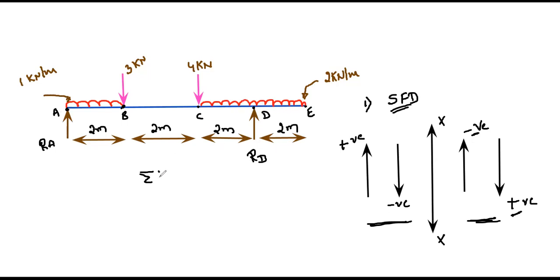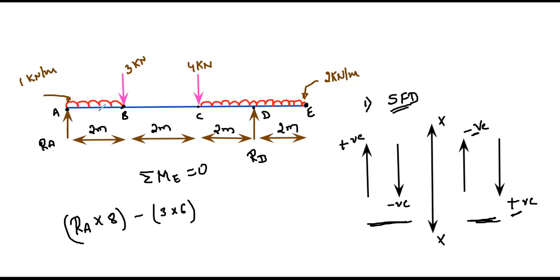Let us take the summation of moment about E equal to 0. In other words, I am going to fix this point. Then we have RA, this force, into the perpendicular distance, which is 8 meters. This is the moment. Next, minus the downward force 3 kilonewton into the distance of 6 meters.